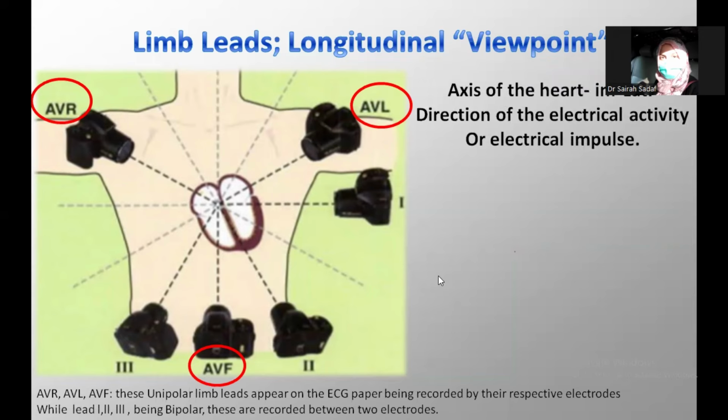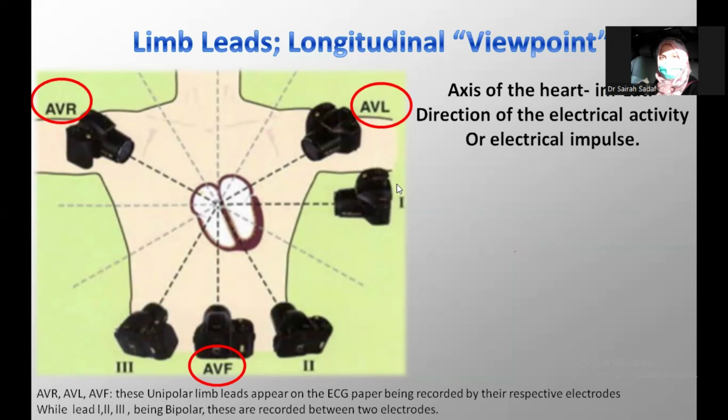Now, it is a very important concept to remember, the axis of the heart. Axis of the heart is infralateral. What is that? As you can see in this picture, more towards the lateral, and it inclines inferiorly.